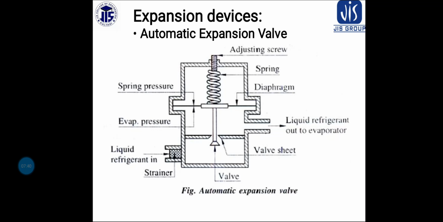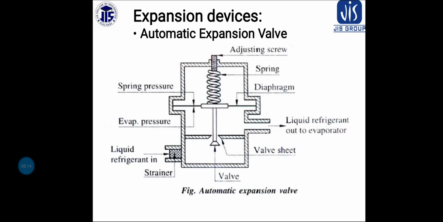In the figure you can see the strainer and the liquid refrigerant entering, and by the help of the valve seat it enters suddenly. The outlet of the liquid refrigerant toward the evaporator you can see in this portion, and with the help of the diaphragm, the spring and the adjusting screw, the particular opening and closing takes place.